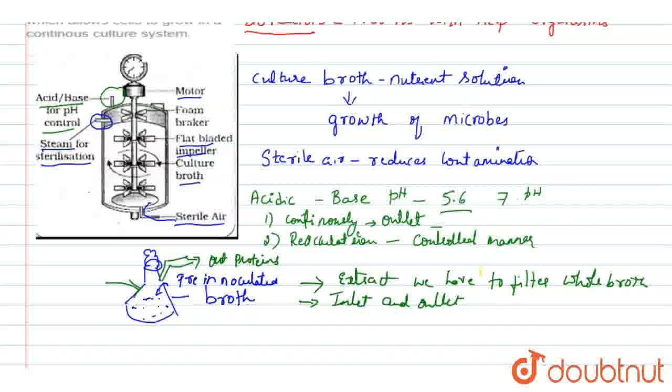This is the difference between the bioreactor and the conical flask which you use in the laboratory. Another disadvantage of the conical flask is that once the process is done, we have to go on inoculating again with the microorganism. I hope this clarifies it.